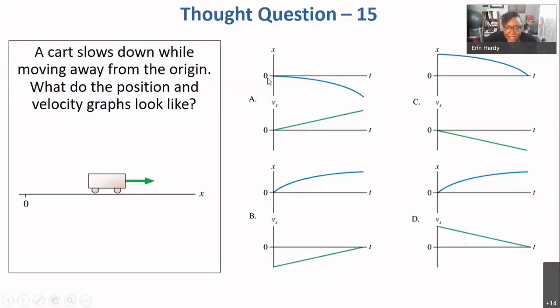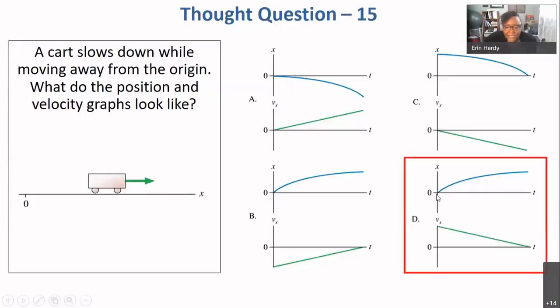So let's look at graph A. We have a flat slope. So this is something that is moving very slowly to begin with, and it ends up moving with a greater speed because the slope gets steeper. So we're seeing something that goes from slow to fast. That's the opposite of what we want to look for. So that means D should be the correct one. We have a slope that starts off steep and it ends up flat.